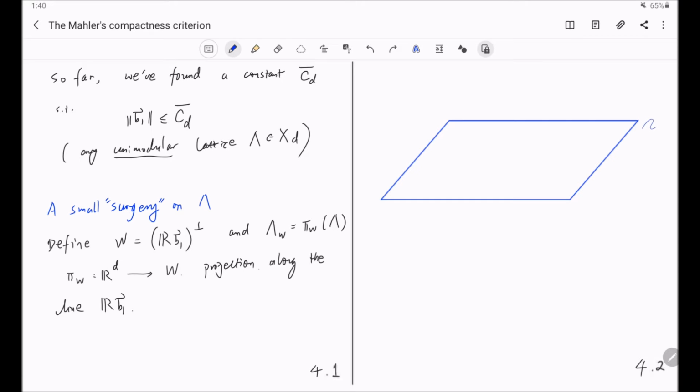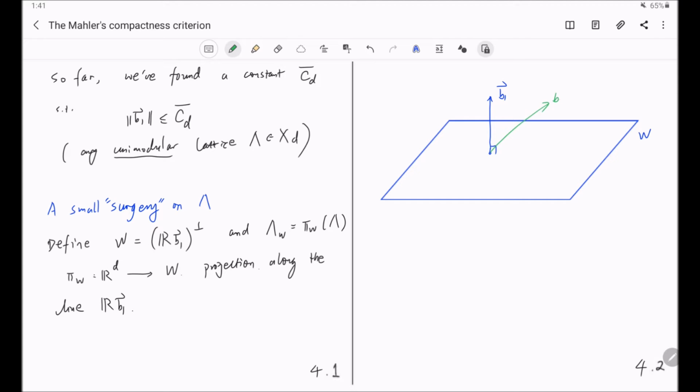This plane is W, and B1 is orthogonal to this plane because W is defined to be the orthogonal complement of B1. And there will be B2 and B3.